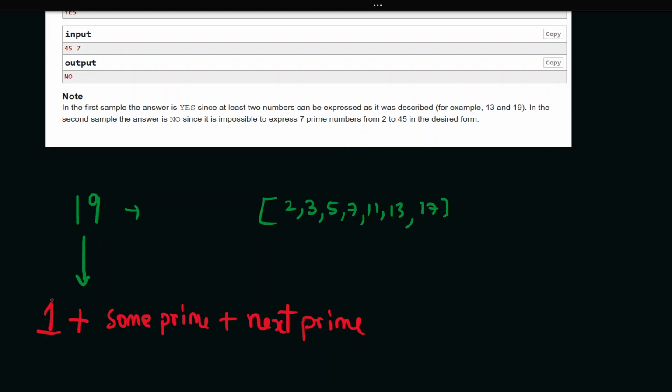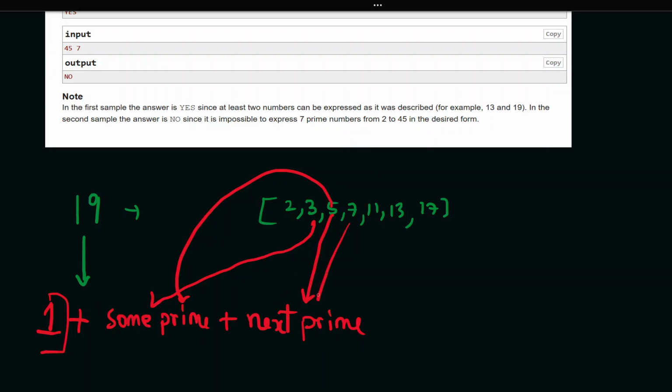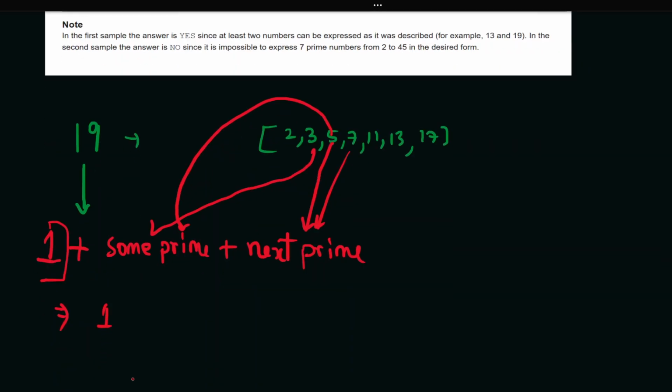That is, 1 will be constant, some prime, let's say 3, and the next prime would be 5. Similarly, if 5 is one prime, the next prime would be 7. Got it? So can 19 be written as the sum of 2 primes plus 1? That's the question. And those primes are adjacent. Yes, it can be written.